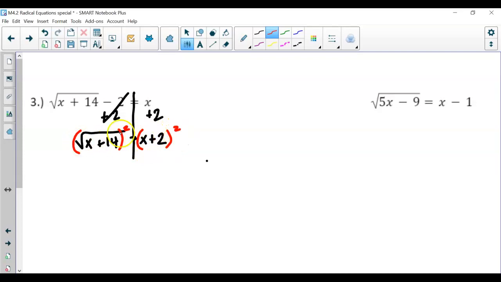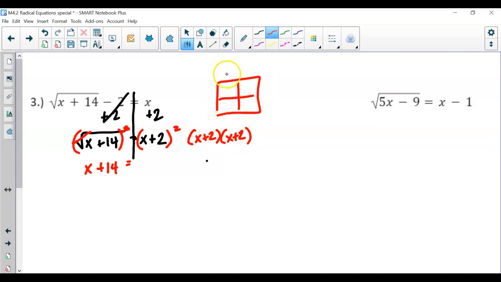So now the radical by itself, get rid of it. Now here we've got bring down x plus 14. Now here's where things get tricky. That is x plus 2 to the second power, which is the same as x plus 2 times itself, x plus 2. So in order to solve this, we're going to have to FOIL, or you can set up box method.